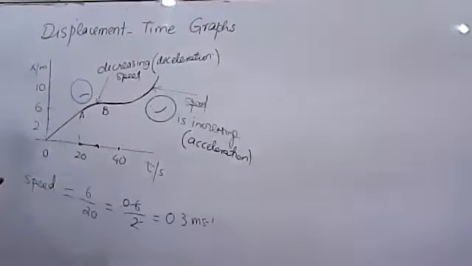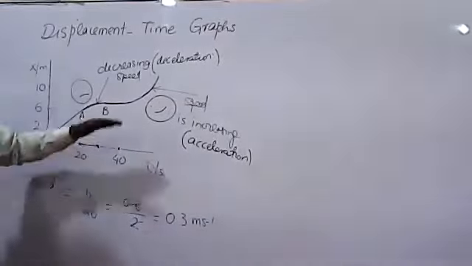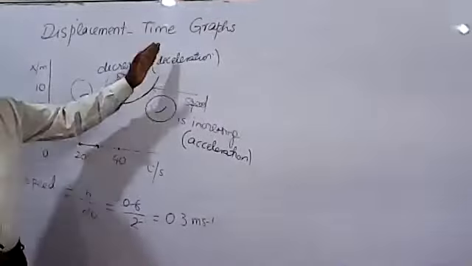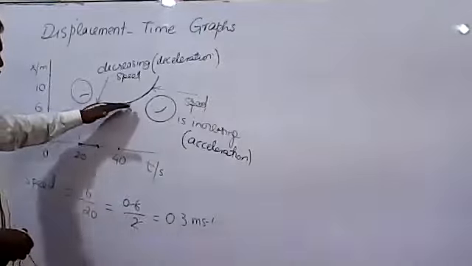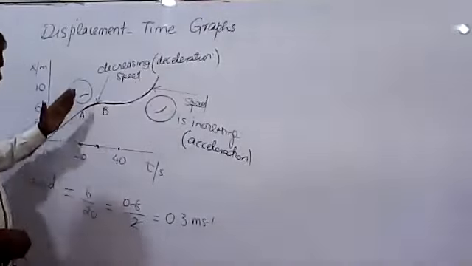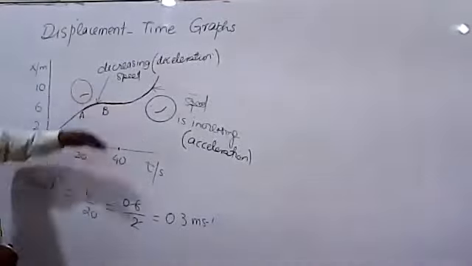But as long as this variation is concerned, this should be understood. You should know that this simply means a constant acceleration because speed is gradually increasing, and this increase is apparently uniform because the gradient is uniformly increasing. Here the gradient is uniformly decreasing.